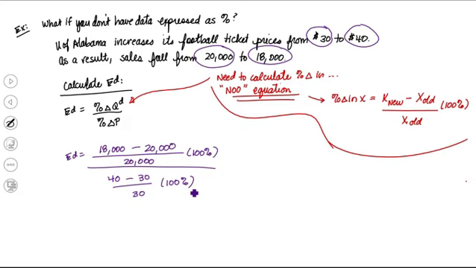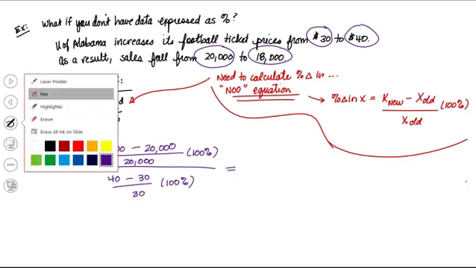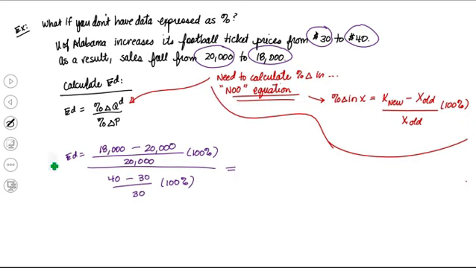All right, now I can clean this up. So let's clean this up a little bit. First thing I can do is cancel out the percentage signs because I have them on the top and the bottom. So on the top, it gives me negative 2,000 over 20,000. And on the denominator, it gives me 10 over 30.